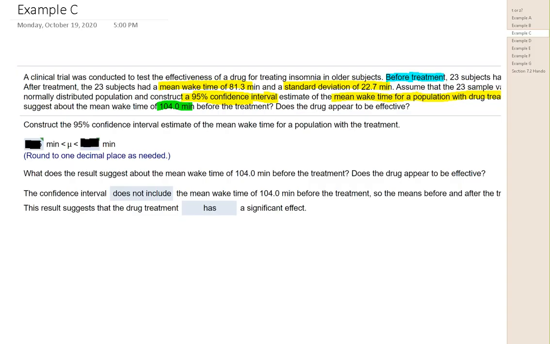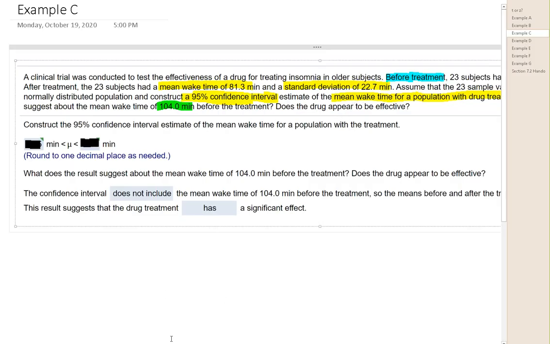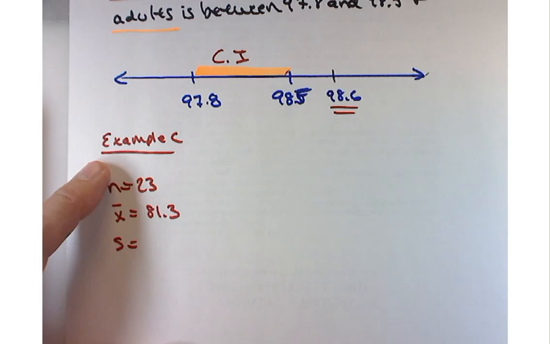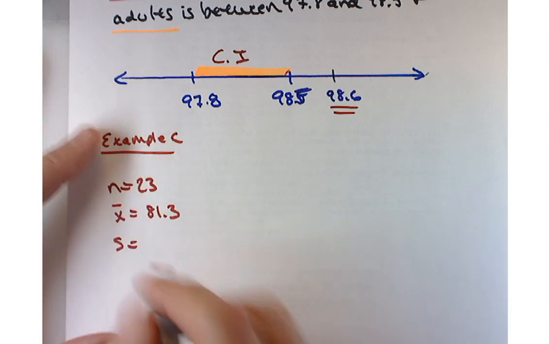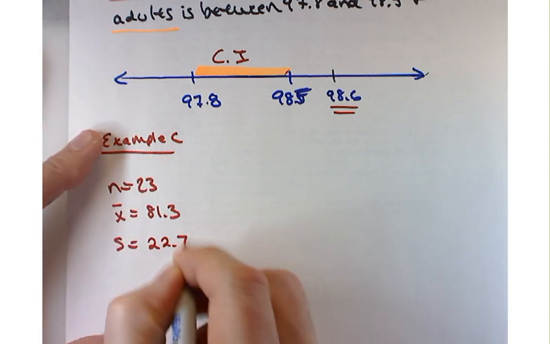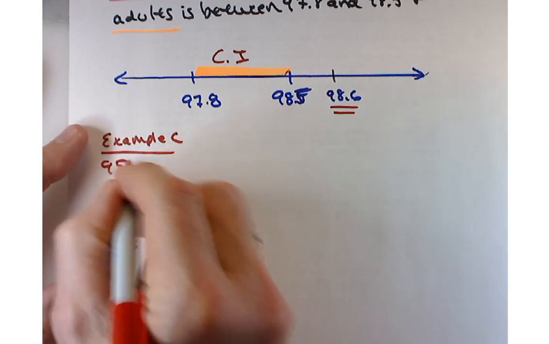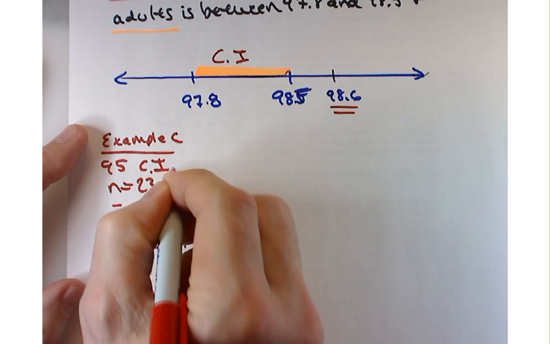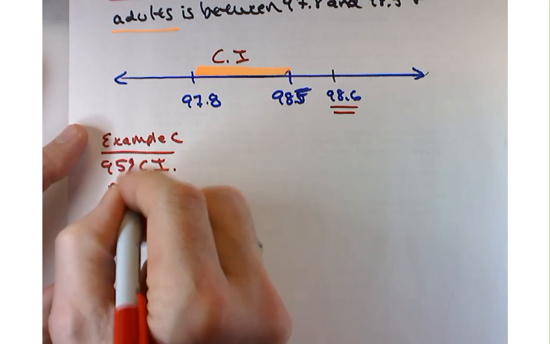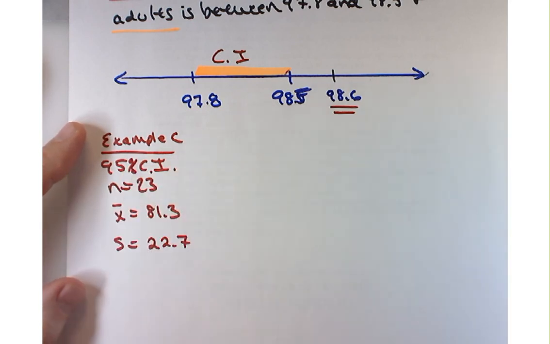Let's just look back here. Yeah, 22.7. That's a pretty big standard deviation for these numbers. We wanted a 95% confidence interval. All right, that's most of what we want to know.